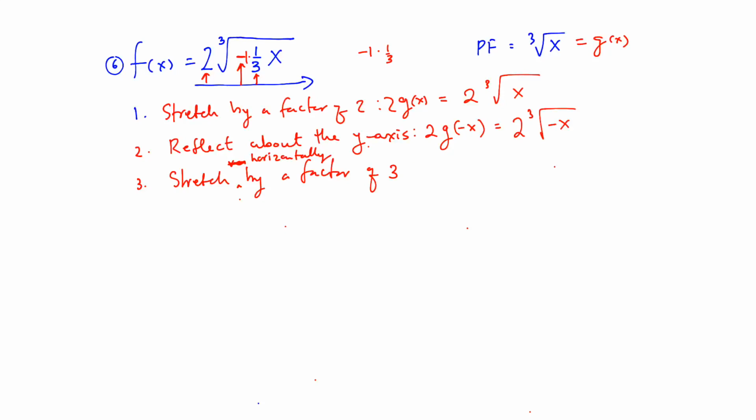That would mean I'm doing 2g of -1/3 x, which would mean 2 cube root of -1/3 x. Okay. So again, I return myself back to what f of x is.